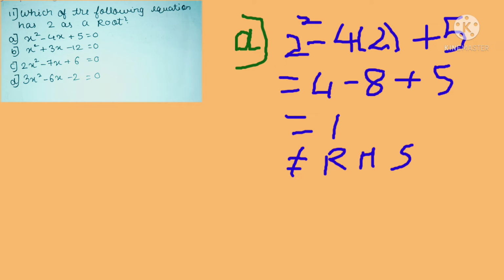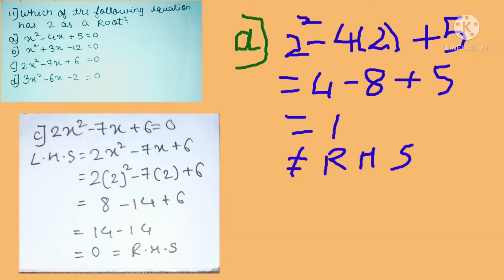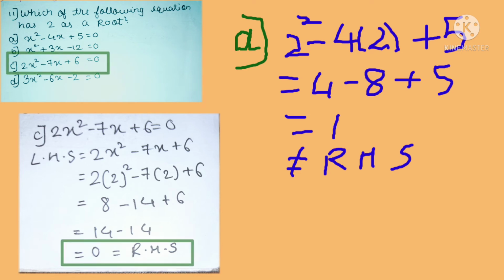Then 2 is the root of equation 1, which is option A. But if it doesn't satisfy, then we need to check equation 2, that is option B. We check both equations and they don't satisfy at all. But if we check the third equation and put x is equal to 2, we get the answer 0. So option C is the perfect answer.